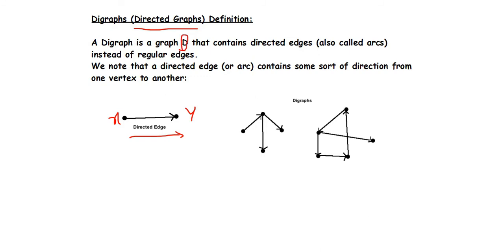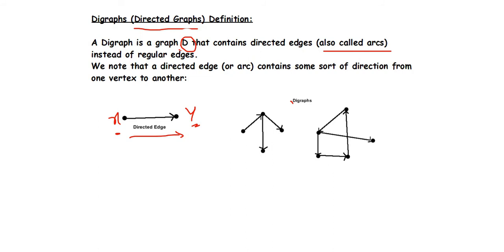Let me write it clearly, with D. A digraph contains directed edges, also called arcs, instead of regular edges. We note that a directed edge or an arc contains some sort of direction from one vertex to another vertex. Just like I said, if this is your x and this is your y, you have a direction to it.